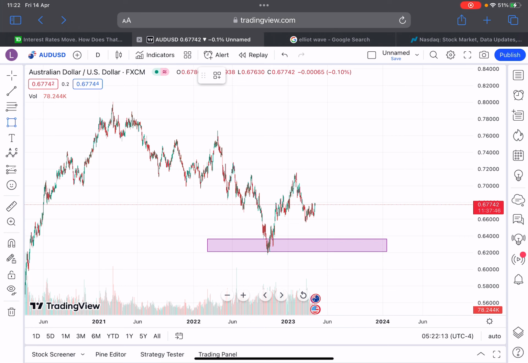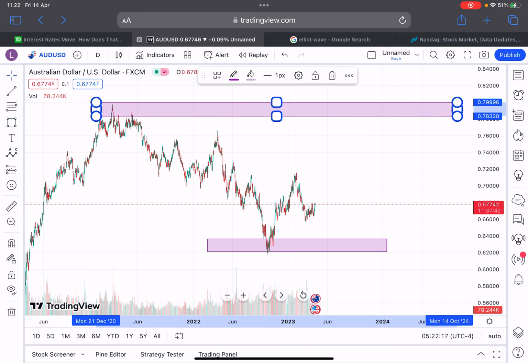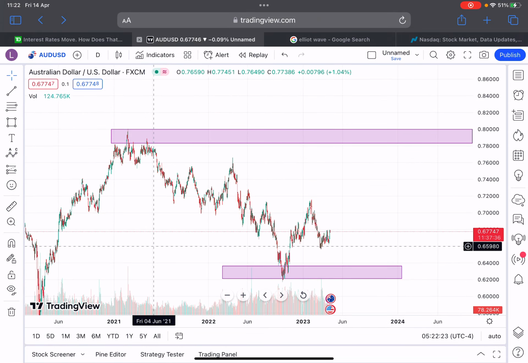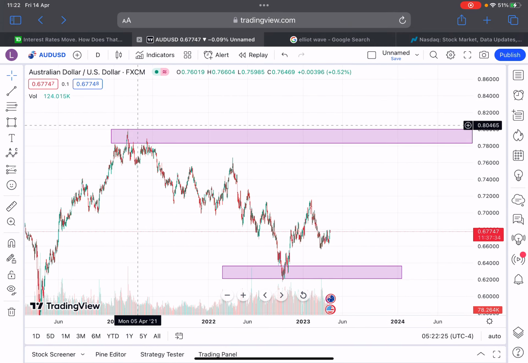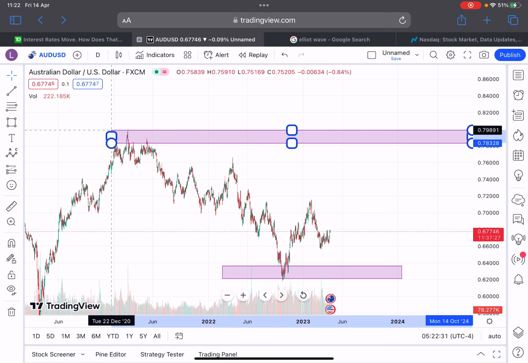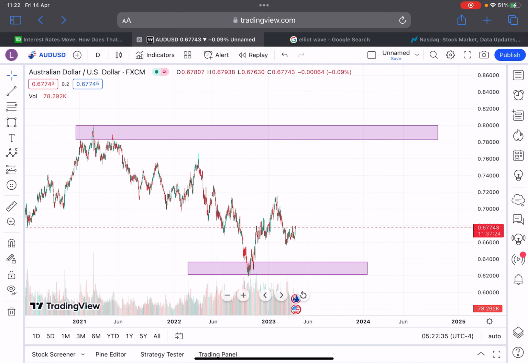So make sure you cover your wings too, like here. Make sure you cover your wings too, like right here. Don't leave it like this. Cover everything up. So that is my resistance.